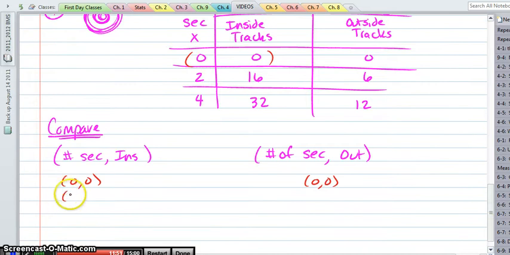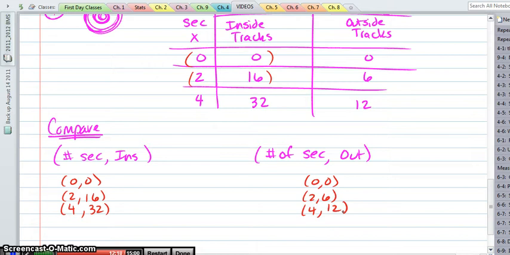What else do I have? I have 2, 16, but I also have 2, 6. We're just sharing the X, the number of seconds. My last coordinate would be 4, 32, or for the outside tracks it would be 4, 12. So I just needed to point that out to you because you may have to compare different rates of change and you might be given a table such as this.